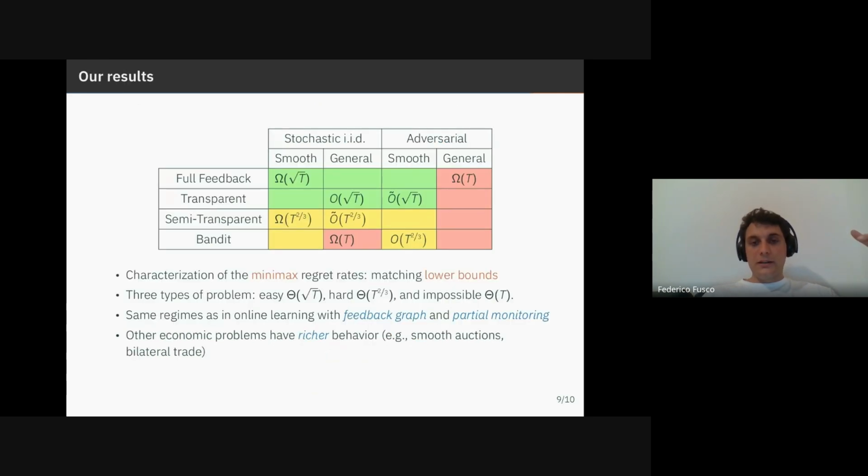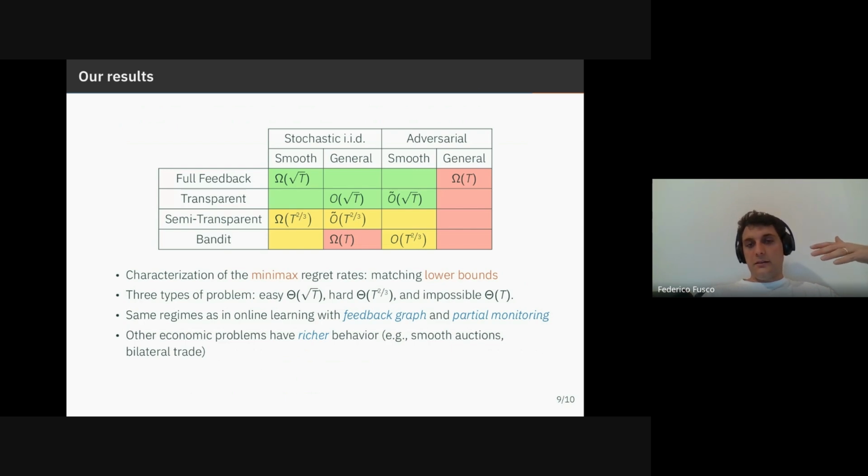Now let's look at this table that presents our results. Okay, how do we read this table? On the rows, we have depicted the various feedback models that we described, while on the columns, we have the environment, the data generation model.